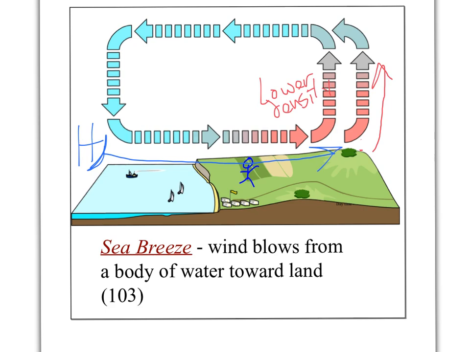If you are standing on the shore, you're going to notice that wind is blowing from the body of water. And we name winds based on where they blow from.